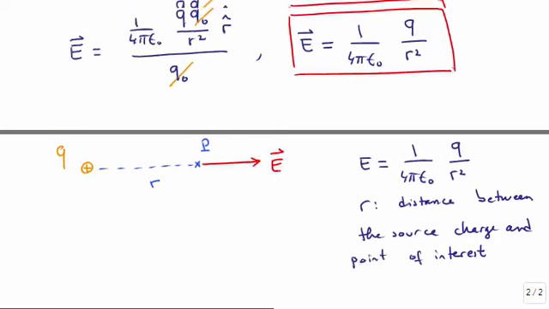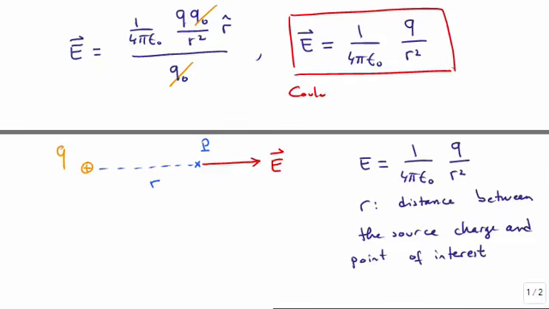The expression over here in the box is also sometimes known as Coulomb's law in terms of electric field.